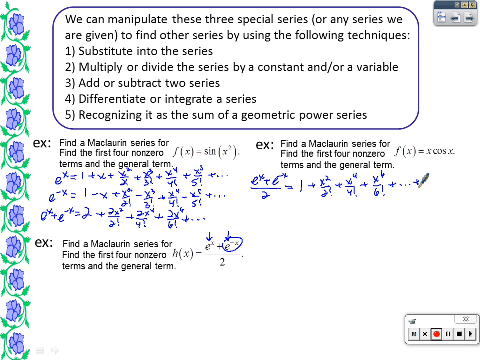Well, we have an x in the numerator. How can we generate the 0, 2, 4, 6? Okay, x to the 2n. What about the denominator? Very good, very good. And that gives us our general term.